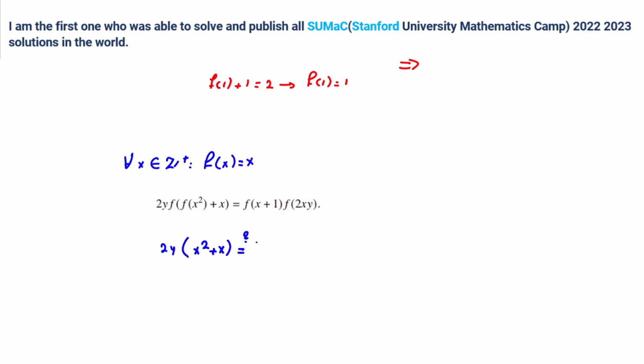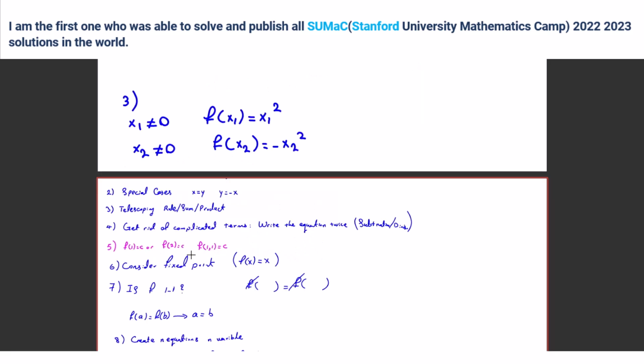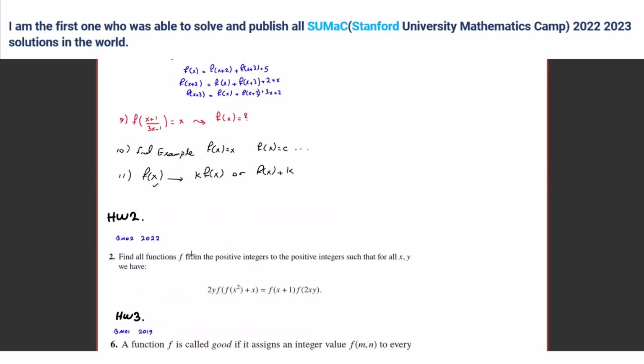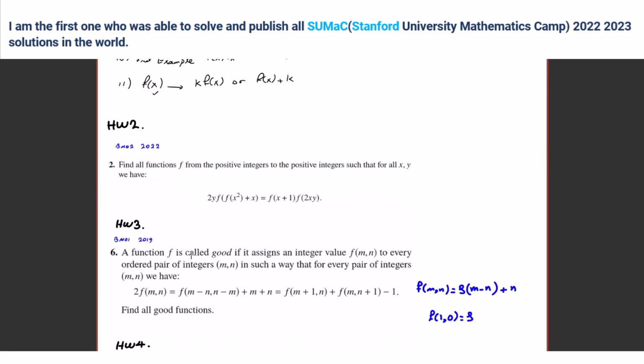Is it equal to x plus 1 times 2xy? We cancel 2, we cancel y. It is x squared plus x, it is x times x plus 1. They are equal, right? Yeah, there you go. Okay. So we proved homework 2.